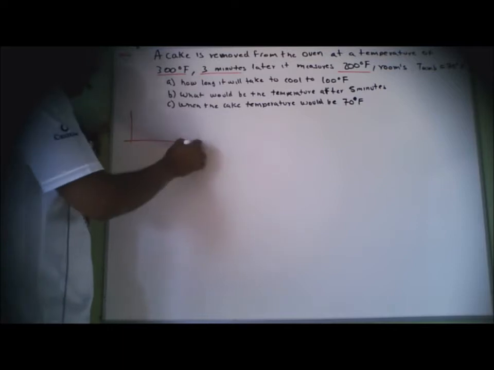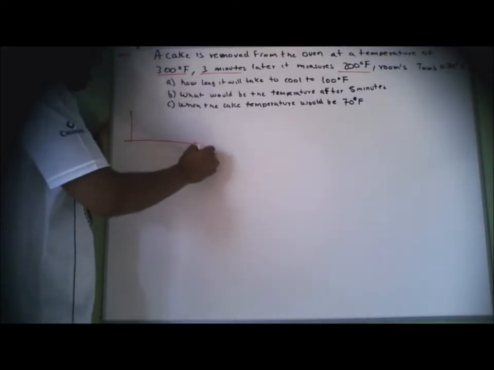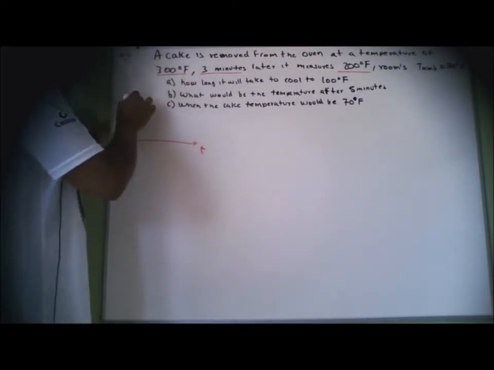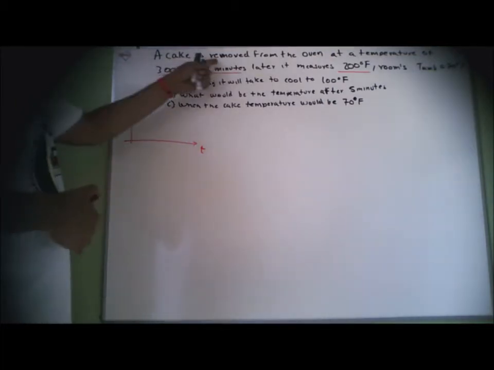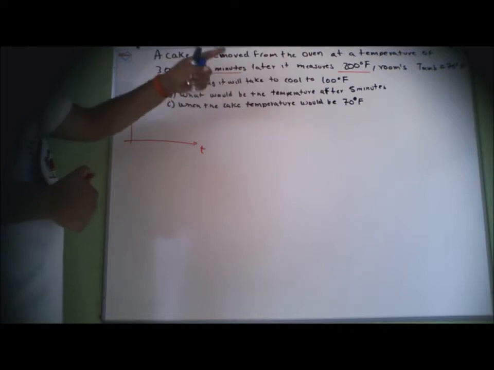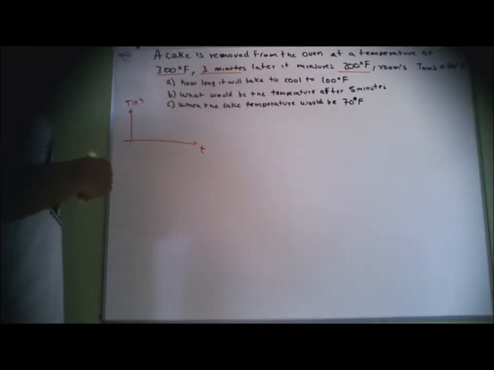Okay, so what I'm going to do is to make a plot of the timeline of the events. So the time, the temperature, and when it is removed, the oven temperature is 300 degrees, so I assume that the cake has the same temperature.